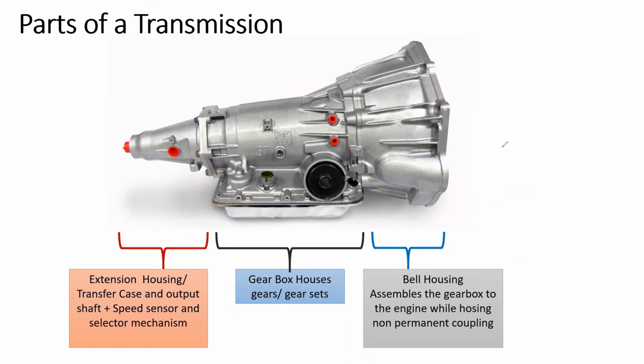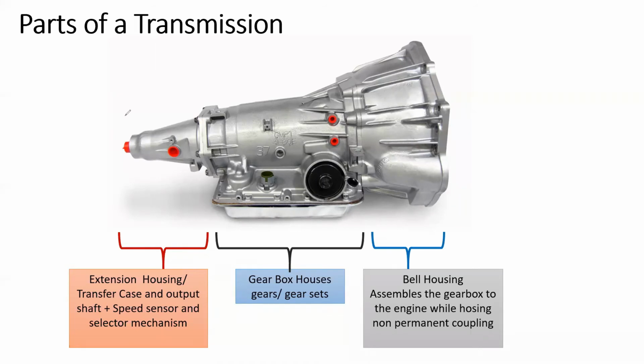So again, we have the bell housing, gearbox, and extension housing, right? This part we will not be discussing that much. From here onwards, we will be discussing this middle part, which is very important for us. When we discuss the clutch, we'll be coming back to the clutch.